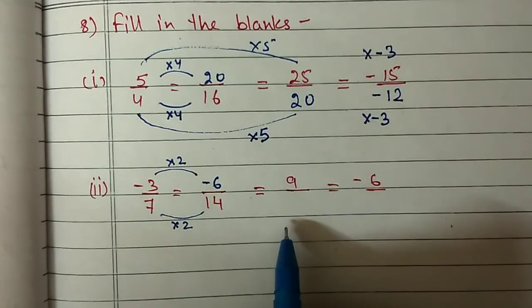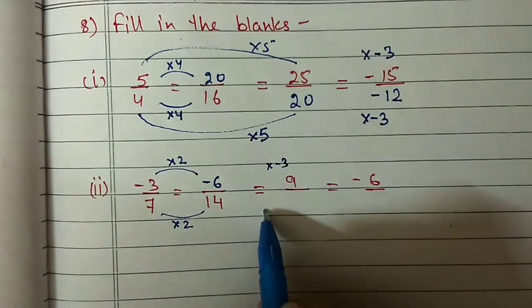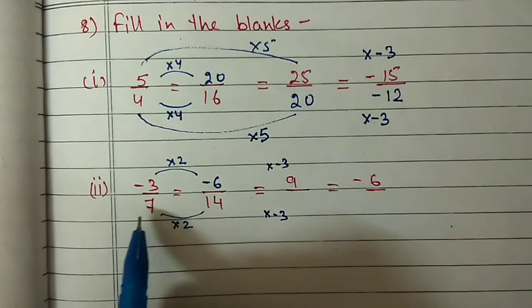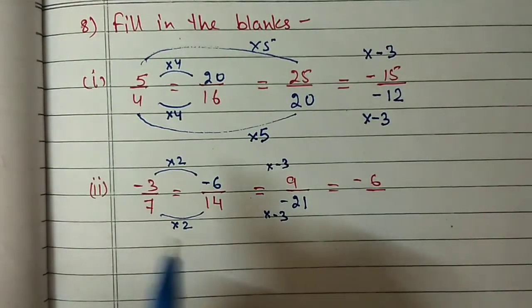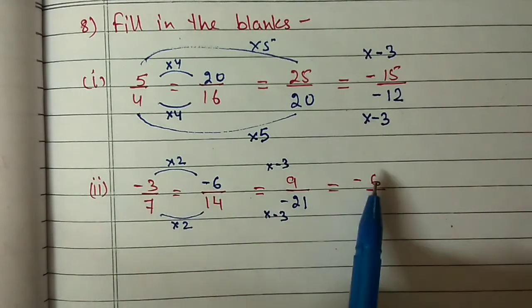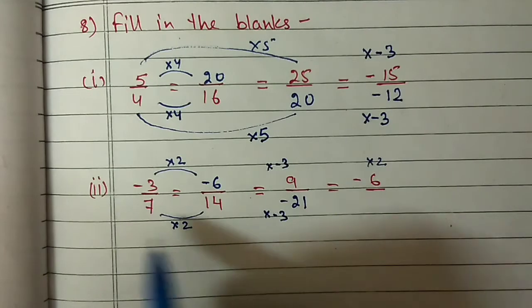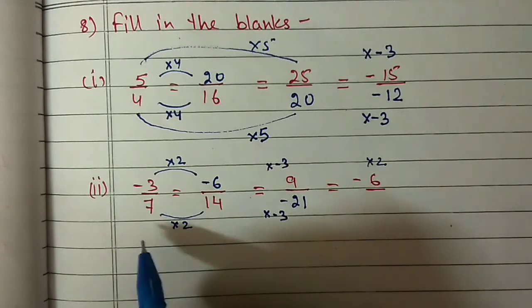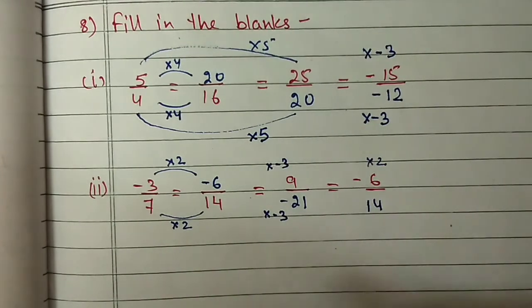So here we multiplied with minus 3. Down also you multiply with minus 3. So 7 into minus 3 is minus 21. Here, to make minus 3 into minus 6 we have to multiply with 2. So down also multiply with 2. So it will become 14.